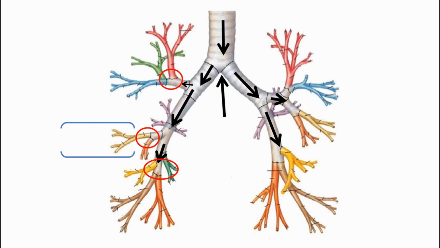The secondary bronchus is going to divide into tertiary bronchus, and the tertiary bronchus is going to enter a pulmonary segment, the functional unit of the lung. These are the origins of tertiary bronchi.